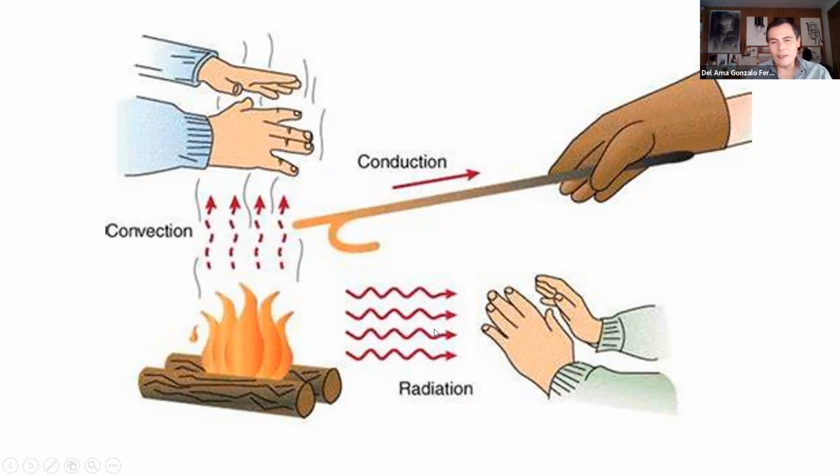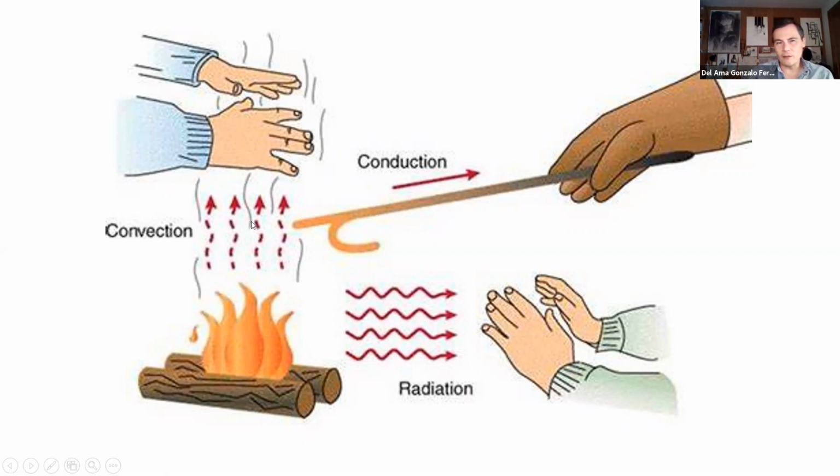And finally, we have radiation. If we didn't have air, and that can happen, we don't need air. Through radiation, we can feel that heat. So in every single building, we will have three elements. We will have conduction through solids.